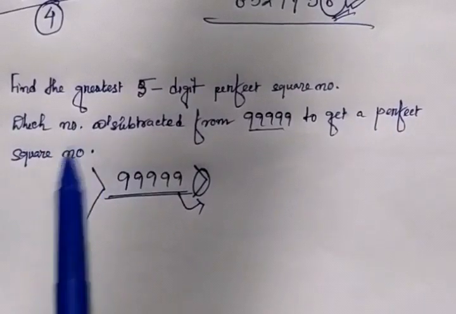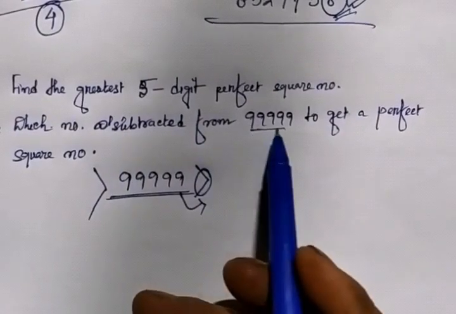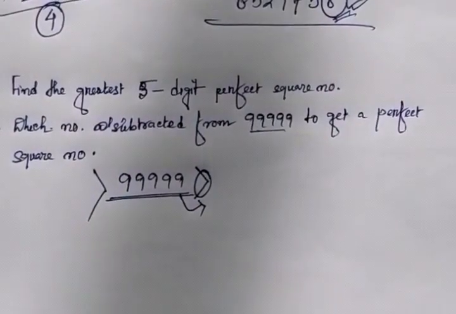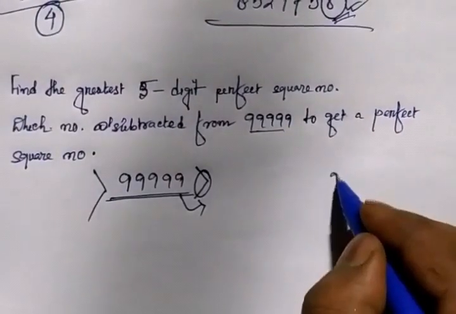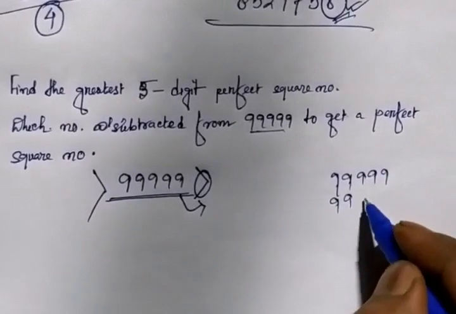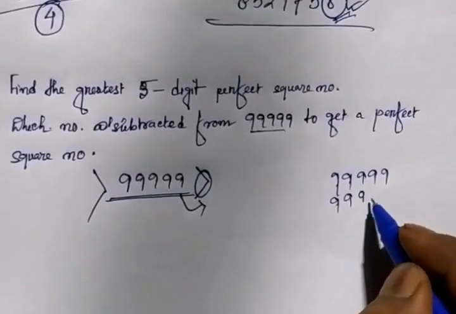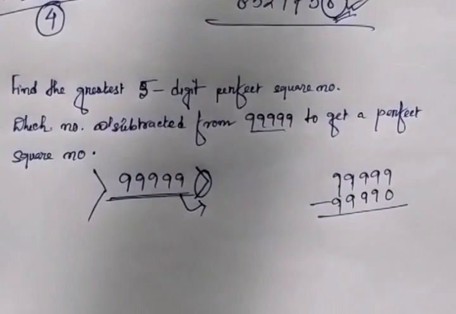Or, if we write it as which smallest number subtracted from 99999 gives a perfect square number, because if we subtract 99990, the result is also a perfect square number.